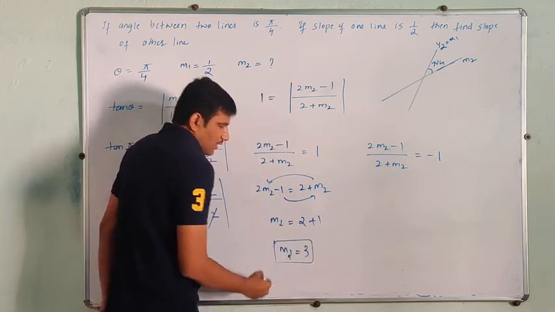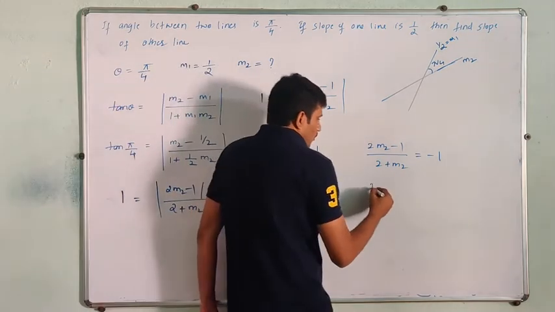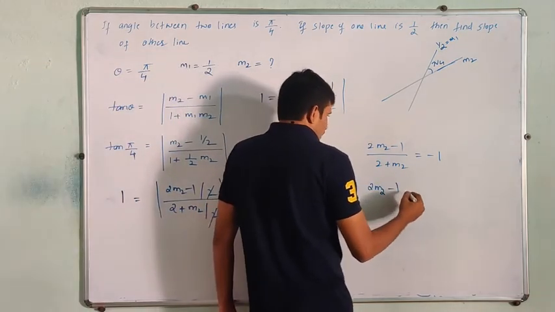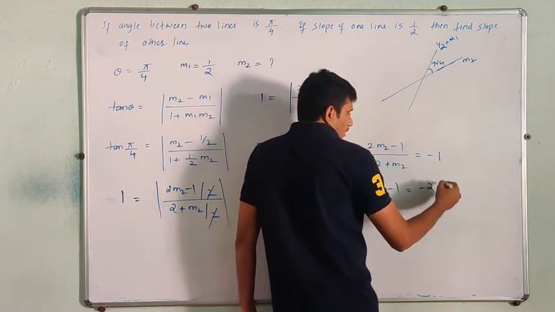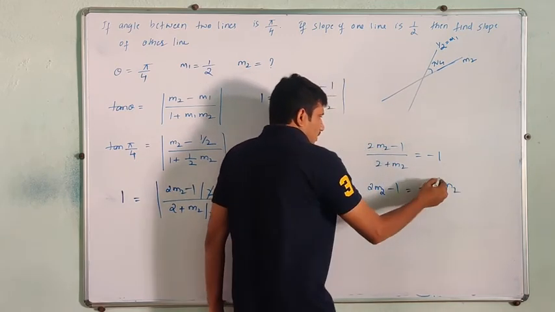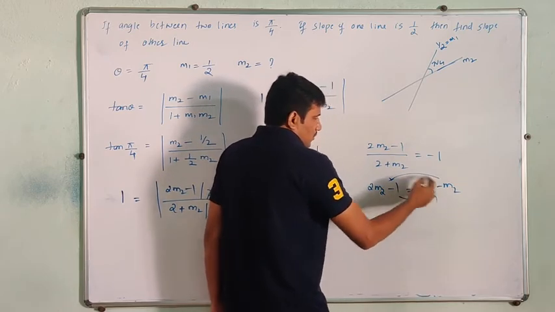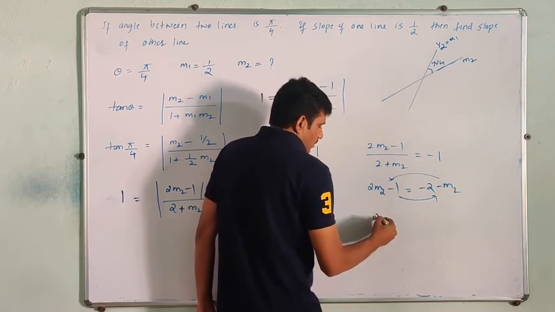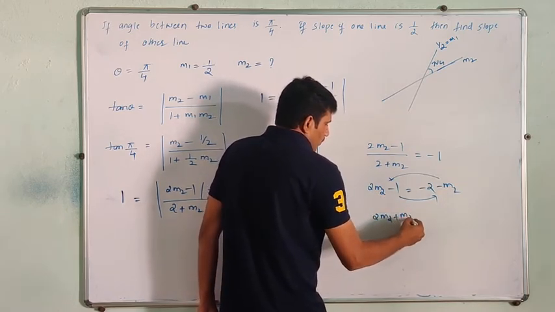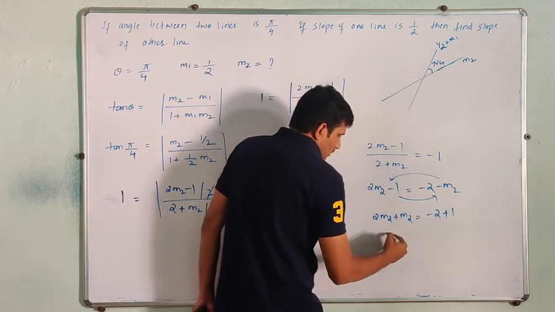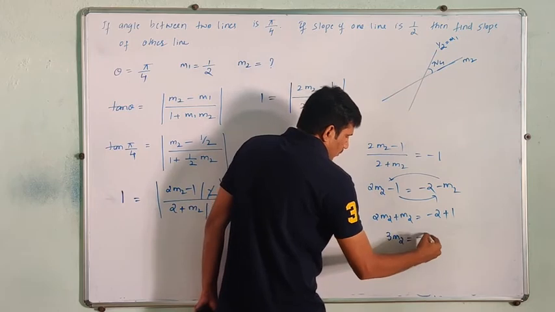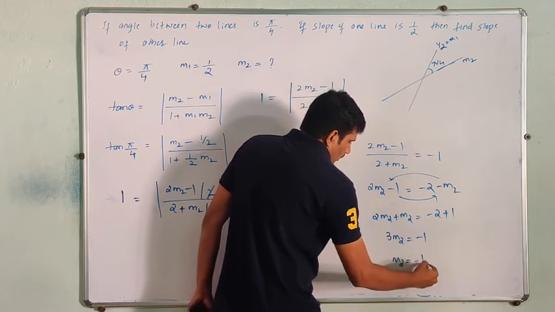The slope of the other line can be 3. Or, now 2m2 − 1 is equal to 2 into minus 1 minus m2 into minus 1, that is −2 − m2. Now bring this m2 here and 1. So 2m2 + m2 is equal to −2 + 1. So that is 3m2 is equal to minus 1. What is m2? That is minus 1 by 3.